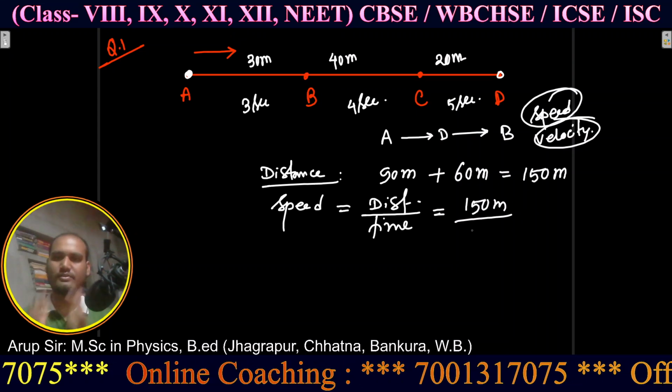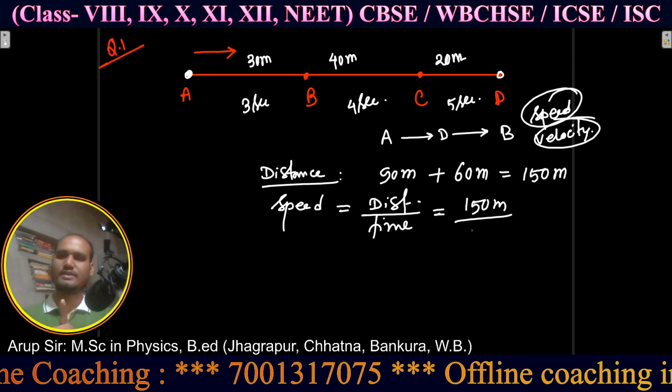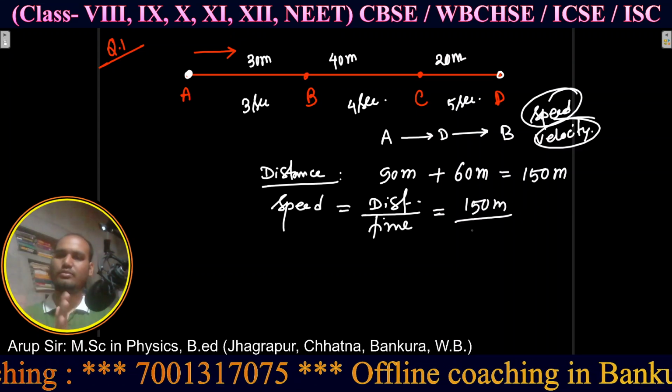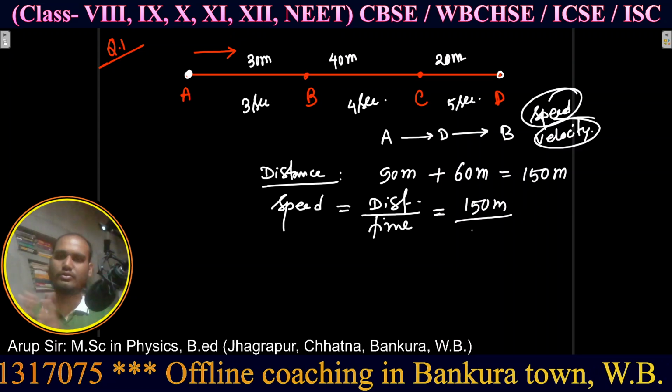Don't be confused about the time. How much distance it is traveling means from A to D if it is going, so calculate the time for A to D, total time.